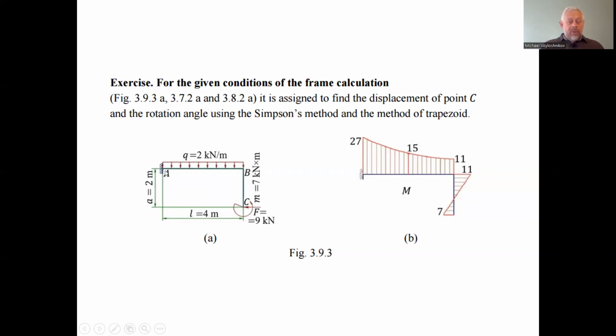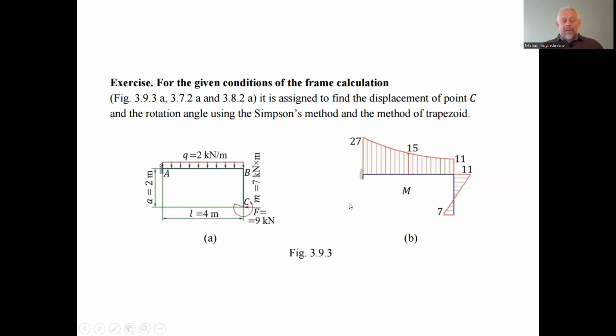And we have a distributed load applied on element AB of this mechanical system, the frame. The sizes of this mechanical system are length 4 meters and h is 2 meters.